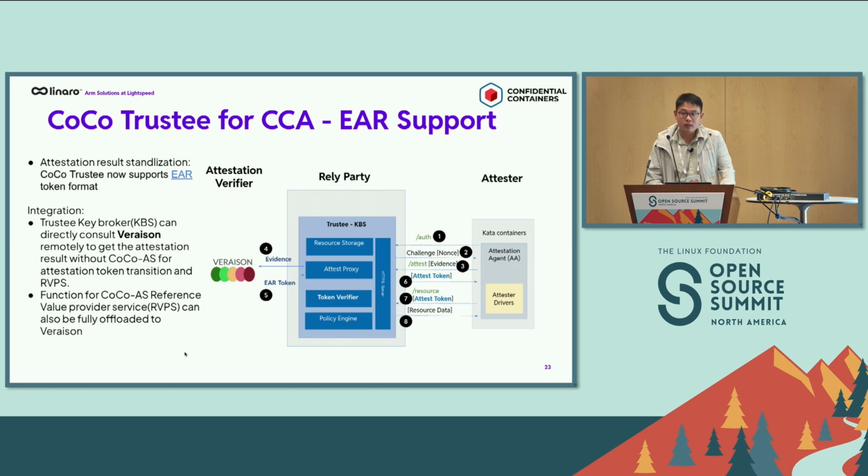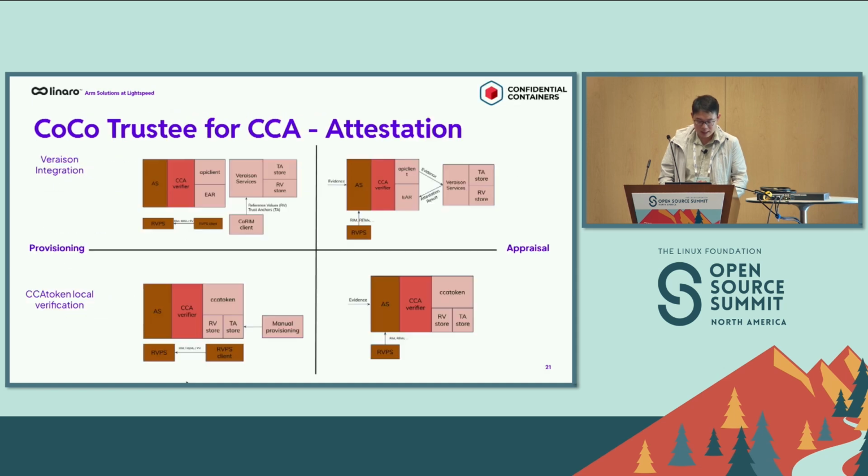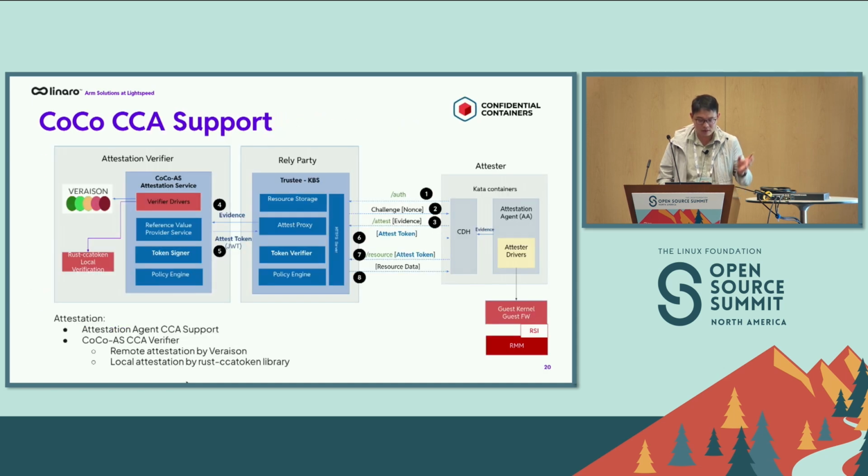Yeah, so the next part is about the EAR. We can see the total attestation. We cannot get rid of the Coco AS support, as I mentioned here. But if we do some standardization work, we can get rid of this part.